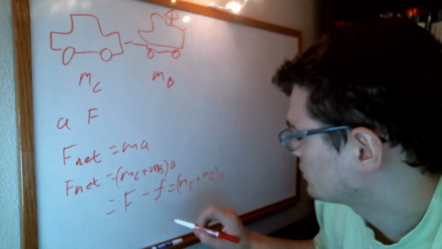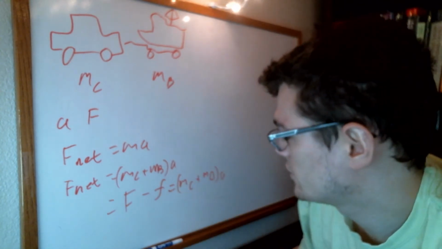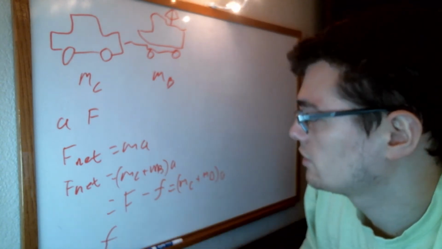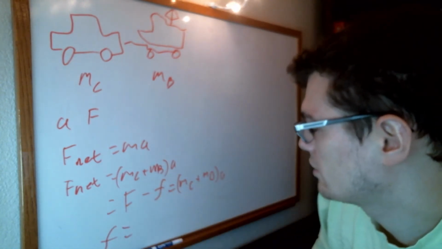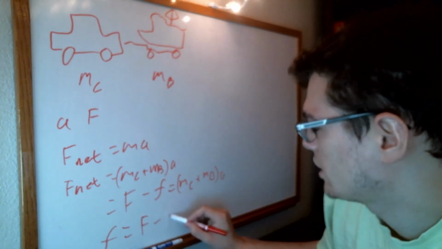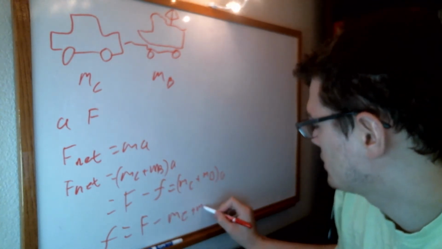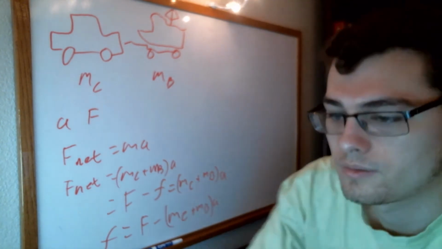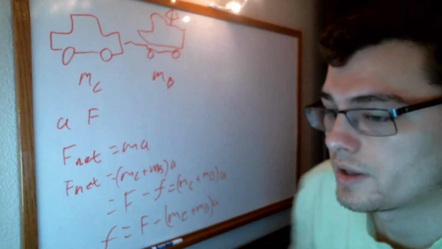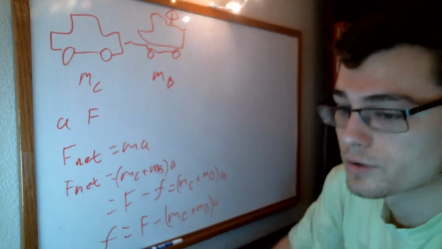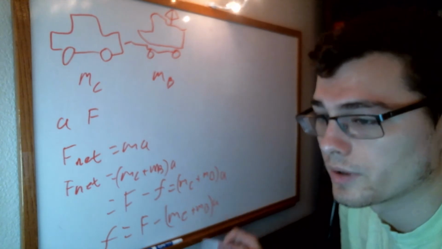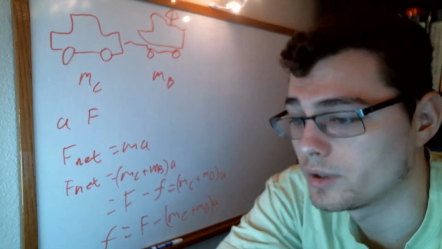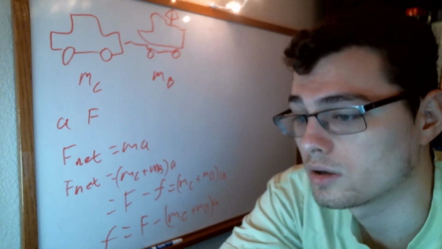And then we can solve for little f, and we can say that little f is equal to F minus (mc plus mb) a. So big F is the force we know, A is the acceleration given in the problem, and the M's are the masses of the boat and the car.